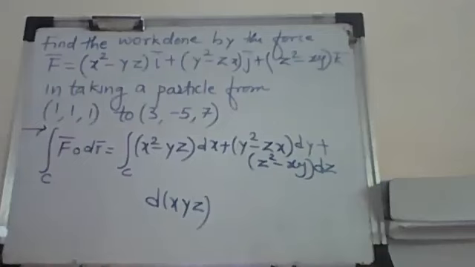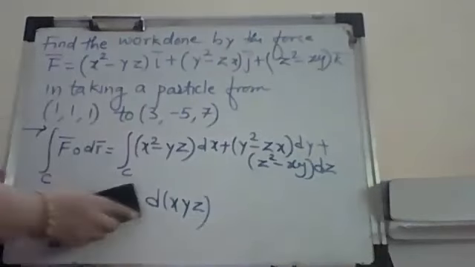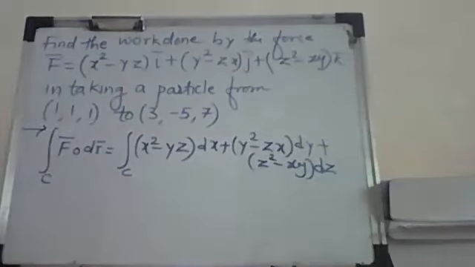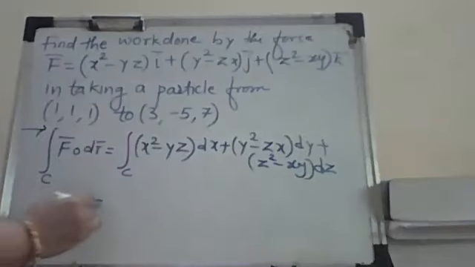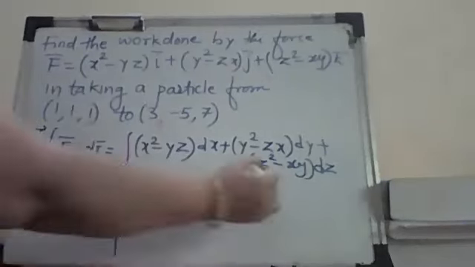But in an examination, you have to prove whether the given field is conservative or not. Whenever no path is given, the first task is to check whether the given vector field is irrotational. So we check whether del cross F bar is 0 or not.